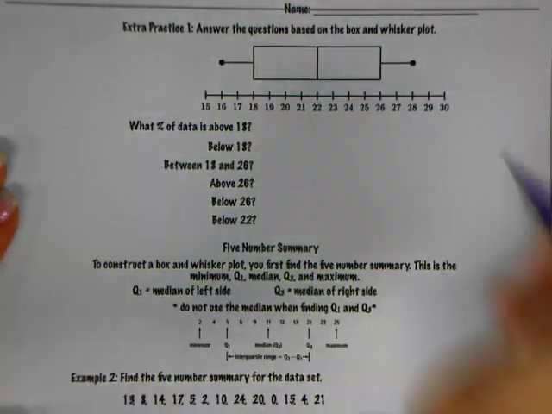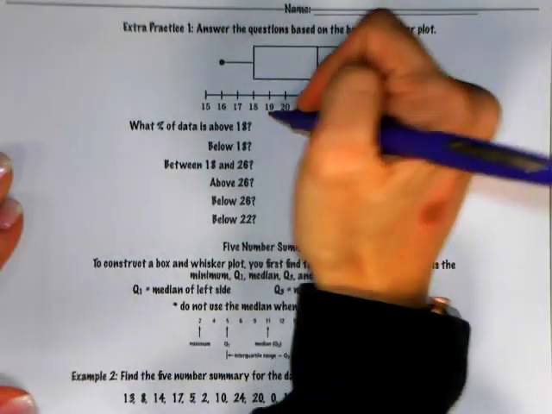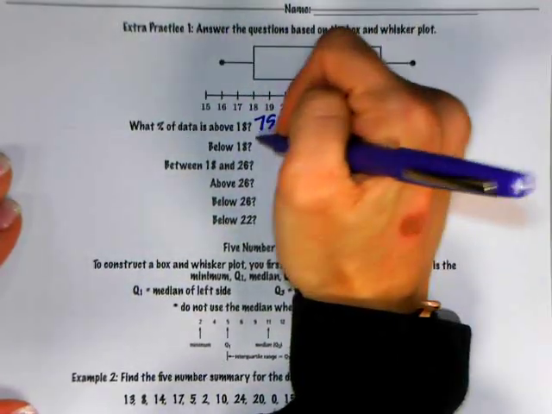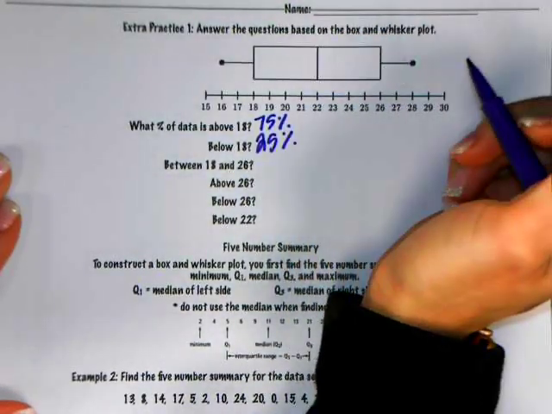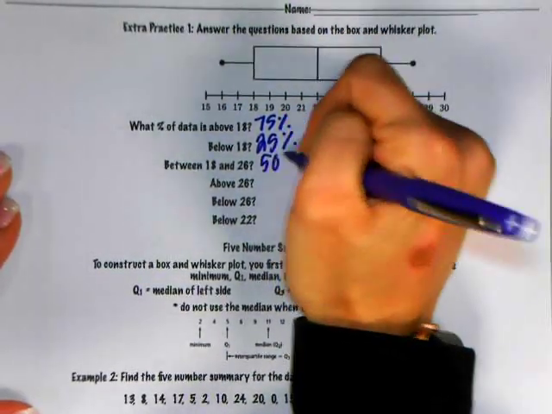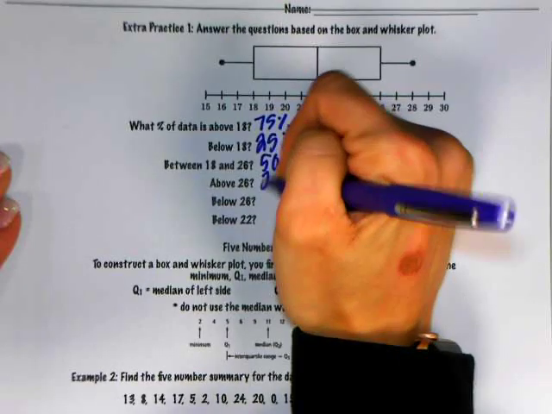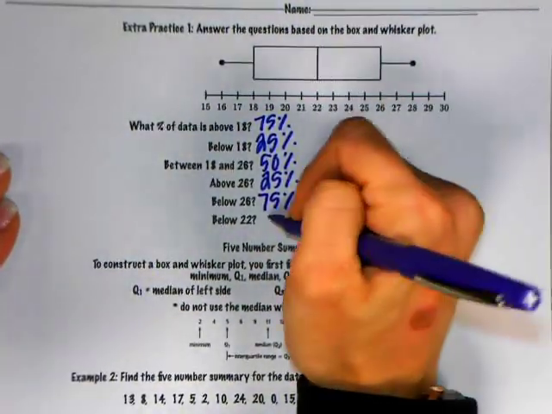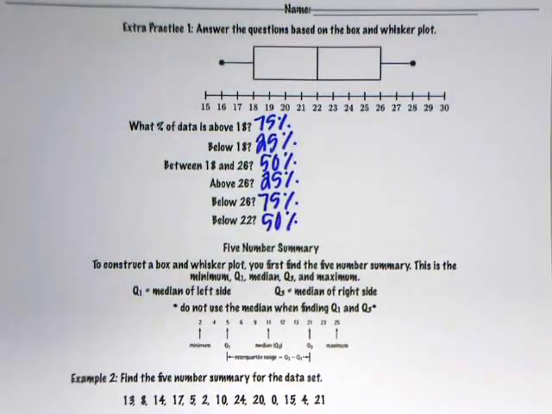Yeah, okay. All right, what percent of data is above 18? 75%. Below 18? 25. Between 18 and 26? Above 26? 25. Below 26? Below 22? Yeah. Okay, any questions on any of those?